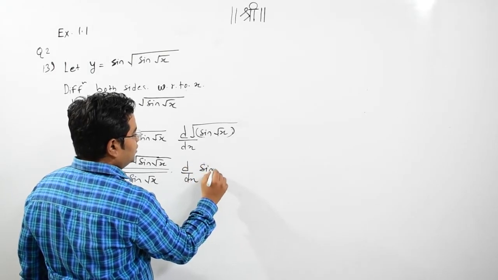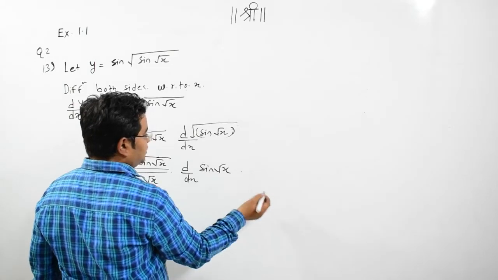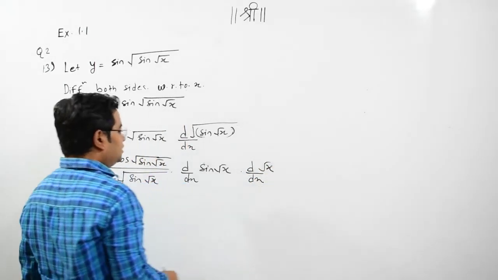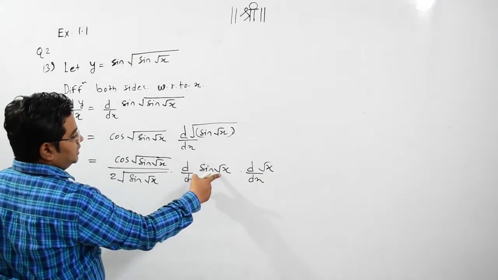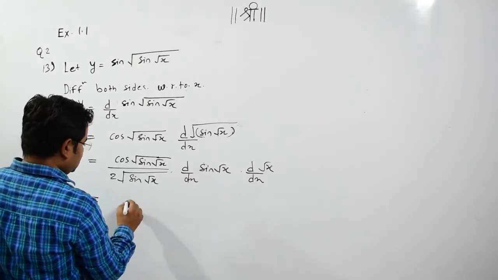Now, sine of under root of x. Again we need to find the derivative of d/dx of under root of x. I am directly writing this formula. Now what is the derivative of sine under root of x? That is nothing but cos under root x.